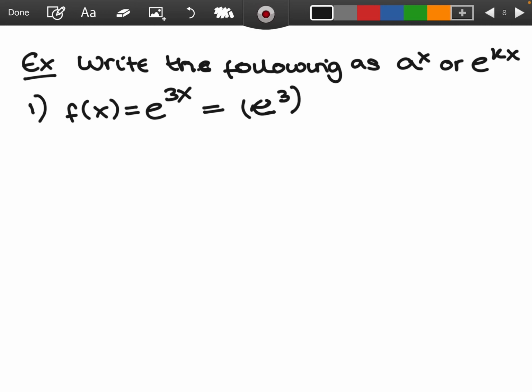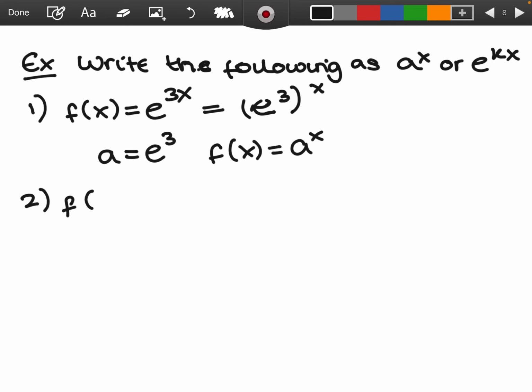By the properties of exponentials and powers, we know that we can rewrite this as e cubed to the power x. When I've multiplied the powers, I can just split them up like this and take it as e to one power and then take it to that second power. So that means that a is equal to e to the 3, and then I can write it as f(x) equals a to the x, where a is equal to e to the 3.